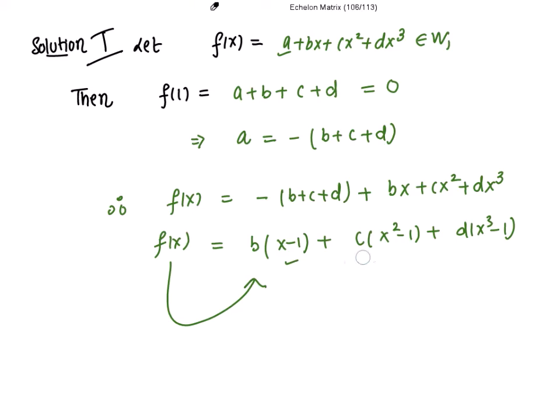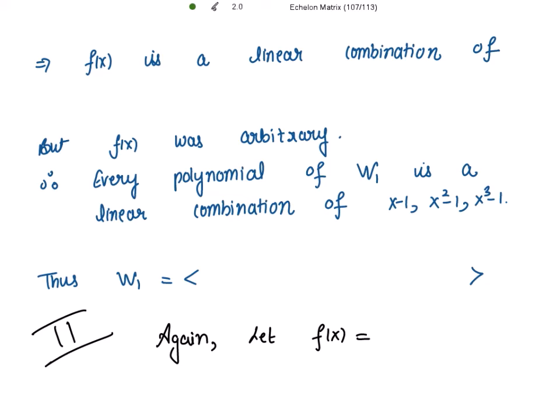But f(x) was arbitrary. That means every polynomial belonging to W1, of the kind a + bx + cx² + dx³ such that f(1) = 0, is a linear combination of x - 1, x² - 1 and x³ - 1. So W1 is generated by these three polynomials.